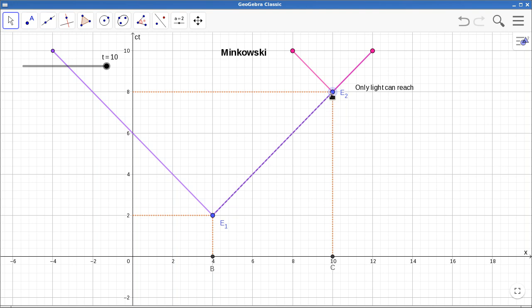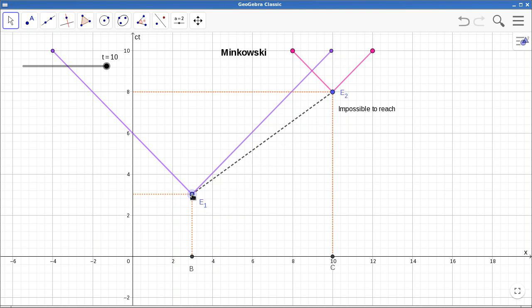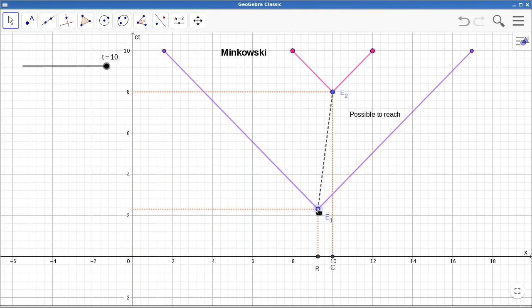Okay, that's it. Now somebody was asking the question: if the world lines are intersecting, can one event influence the other event? Now the light cone emitted by event E2 is intersecting with the light cone of E1. In this situation, E1 cannot influence E2. Only in the case where the light cone of E2 is enveloped inside the light cone of E1 is it possible that E2 can be influenced by E1.